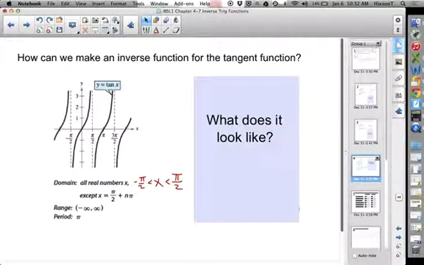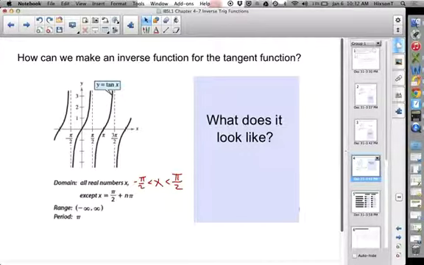How do you get the range if it's negative infinity to infinity? Well, let's think about that. For the inverse tangent, what would the domain be? Negative infinity to infinity. Yep.